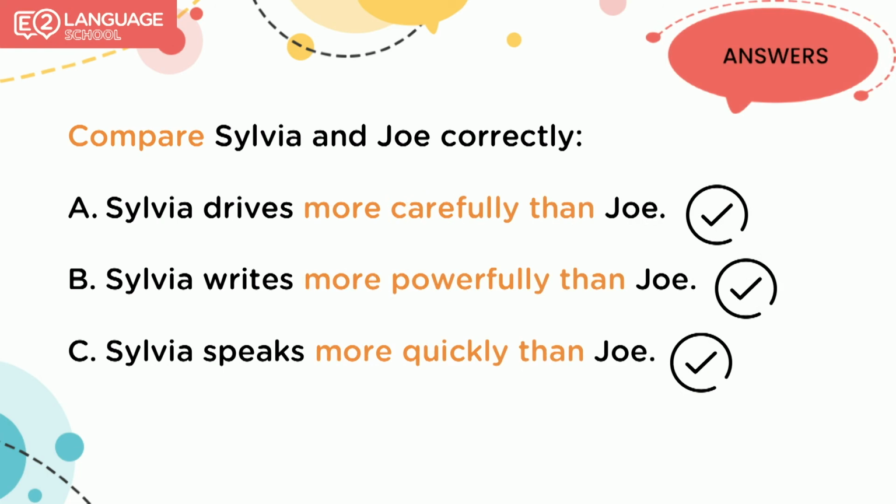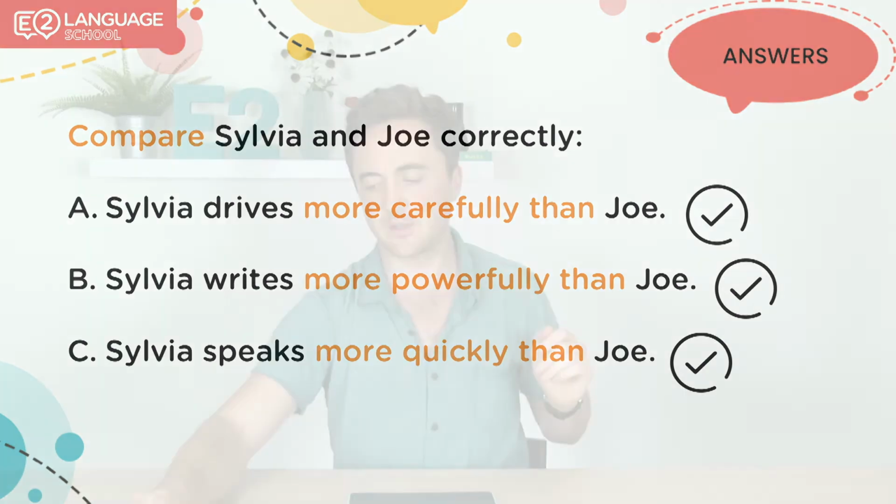Okie dokie, so Sylvia drives more carefully than Joe, not carefuler, more carefully than. Sylvia writes more powerfully than Joe. And Sylvia also speaks more quickly than Joe. You could also write quicker than Joe, okay? Sylvia speaks quicker than Joe.